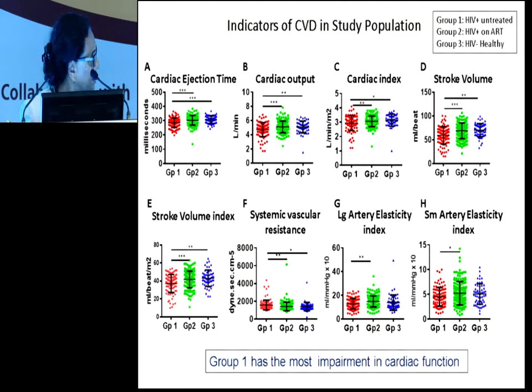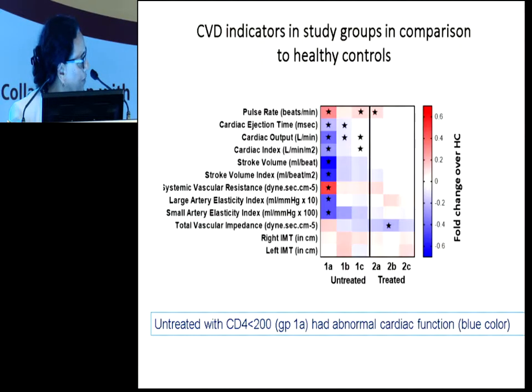And this slide shows you that Group 1 has the most impairment in cardiac function, and that's the Group 1 in red with the lowest, which was untreated, compared to Group 2 and Group 3 in all of the major cardiac functions.